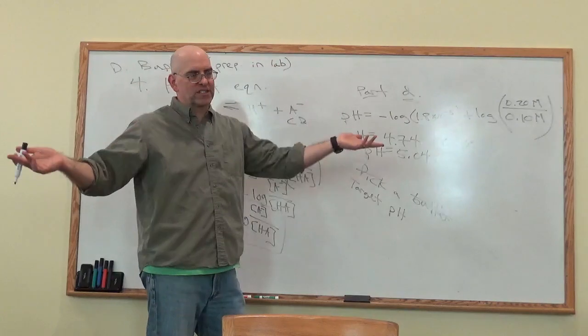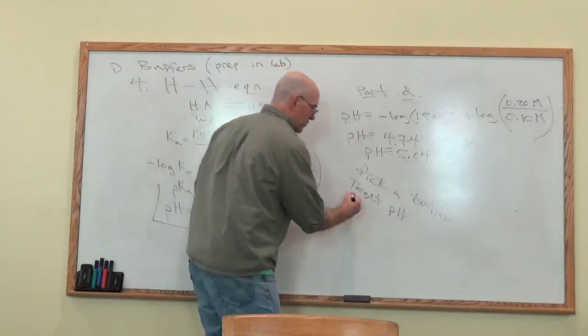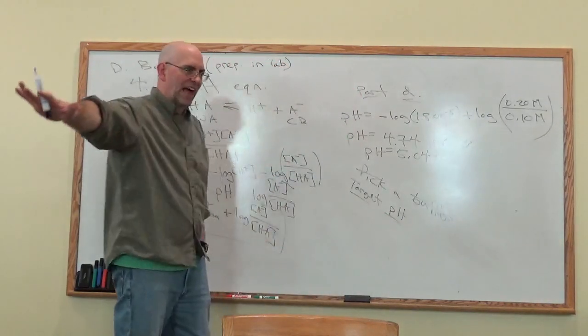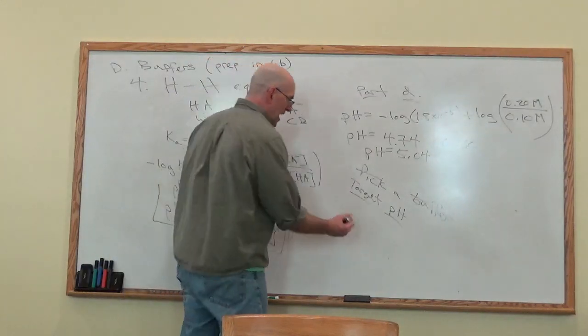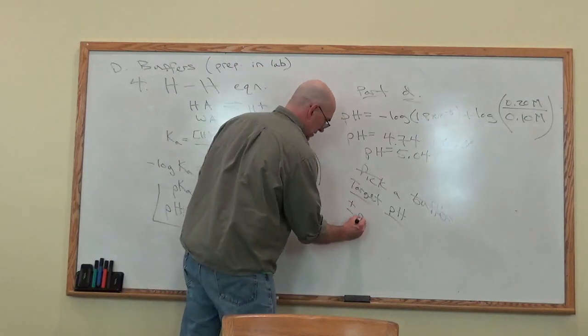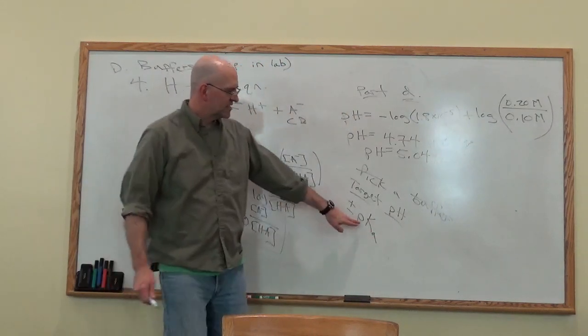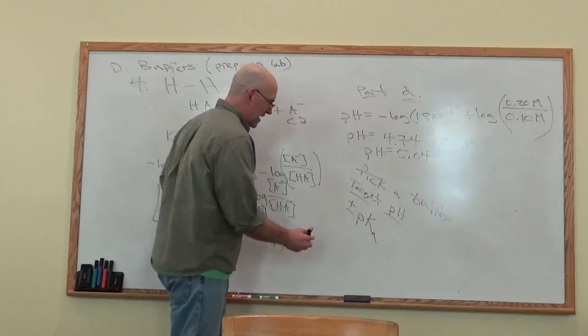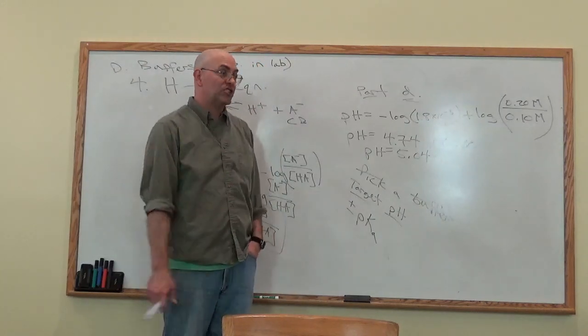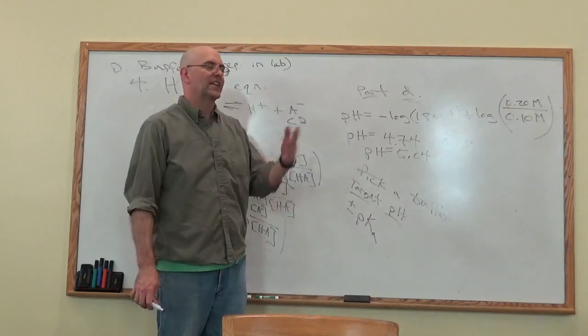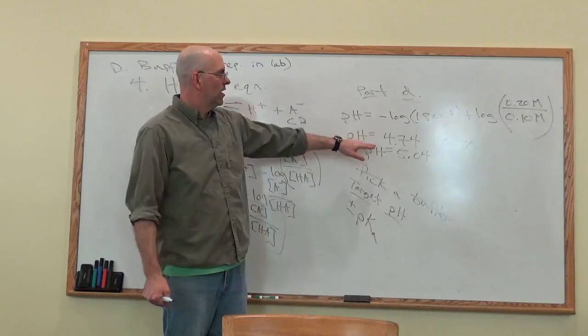How do you know what buffer system to pick? Well, first off, you find a target pH. This is more of a lab thing. Have a target pH, and then pick some pKa that is plus or minus 1 pH unit away from your target pH.